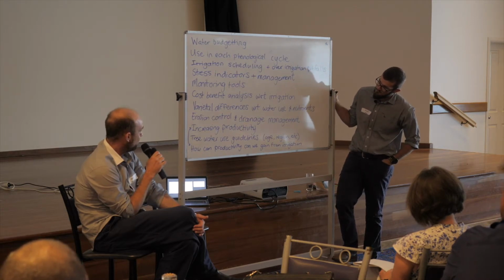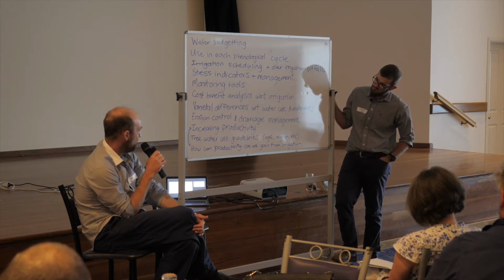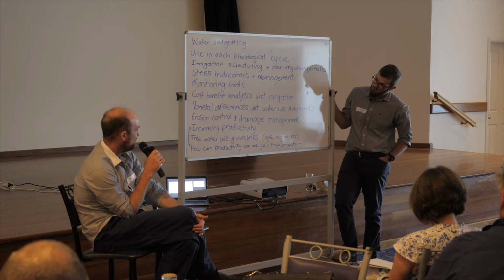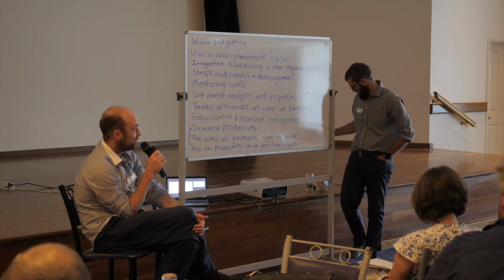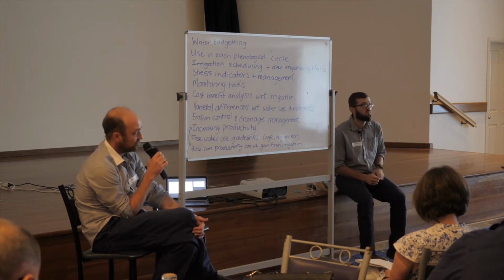Varietal differences. I haven't actually quantified it properly, but there's a significant difference in the water usage between the hybrids and the integrifolias. The hybrids tend to be more vigorous. They tend to use more water. They tend to be more functional for longer periods of the day.